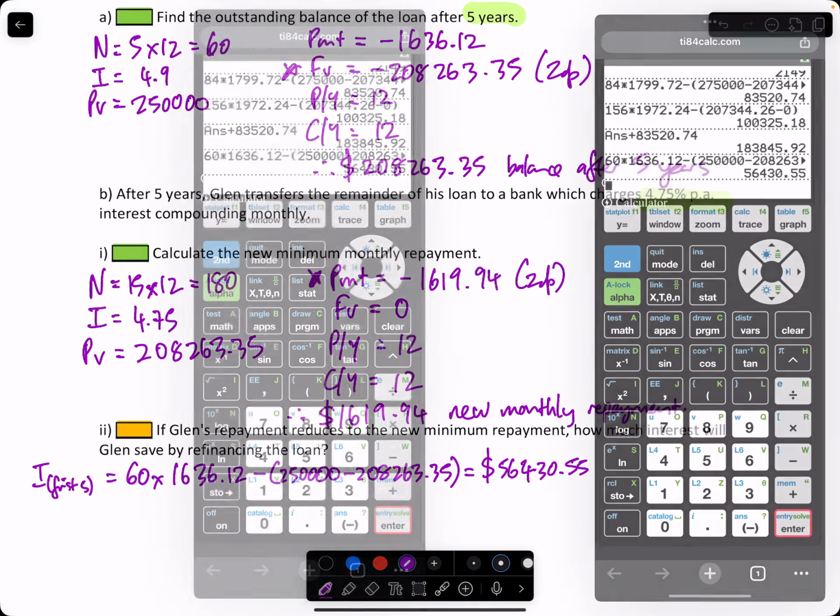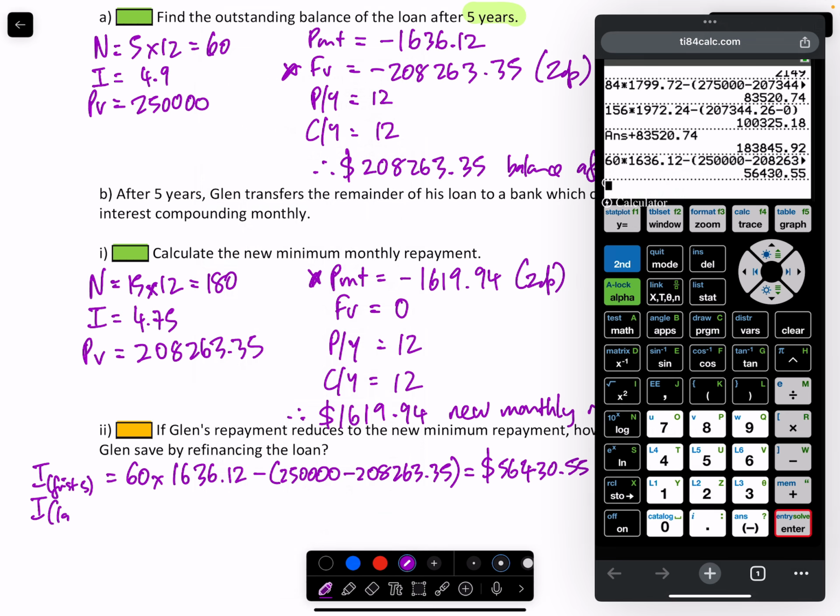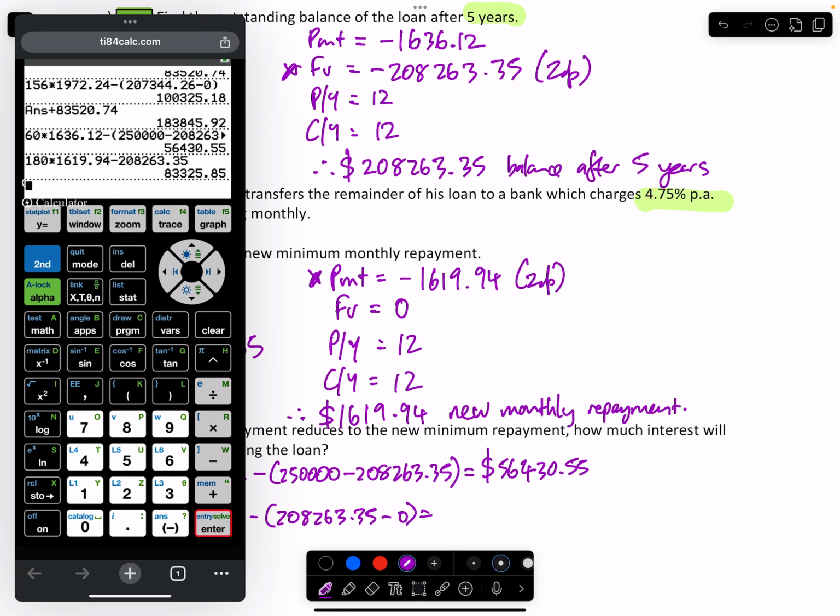In the last 15 years, he made 180 payments of $1,619.94, take away 208,263.35, take nothing. 180 times 1619.94, take 208,263.35. So in the last 15 years, he paid $83,325.85.